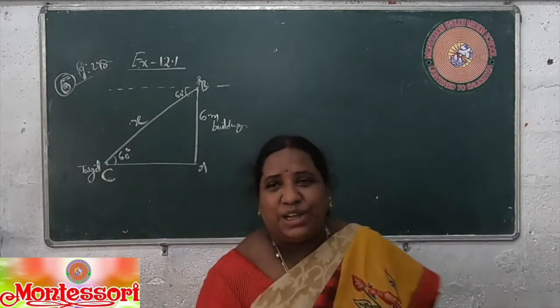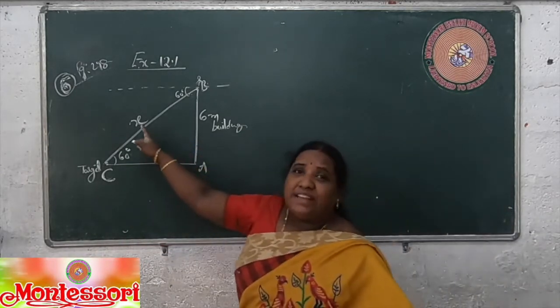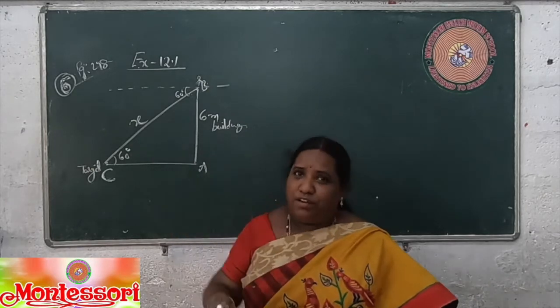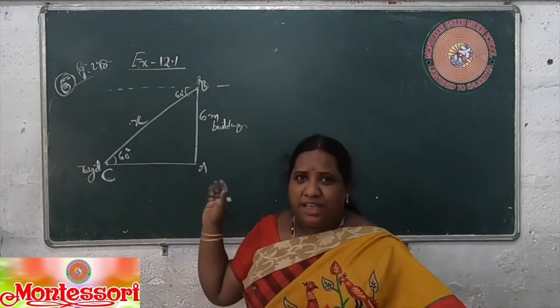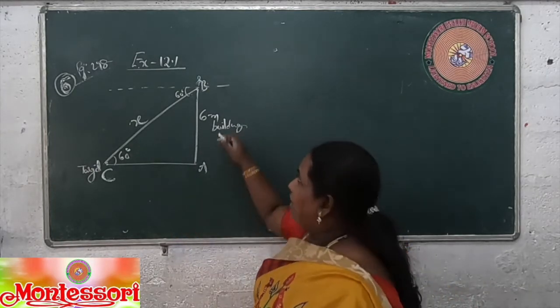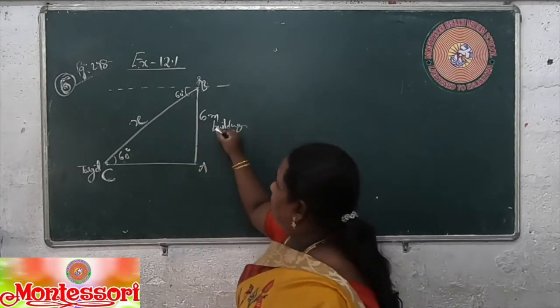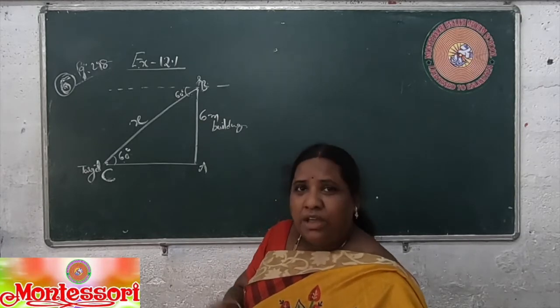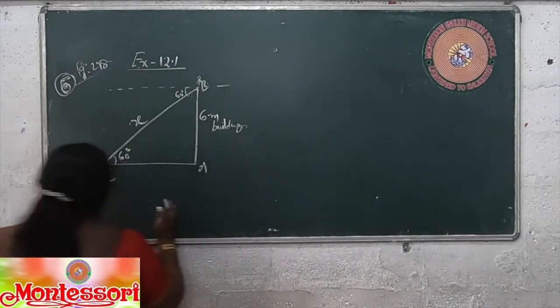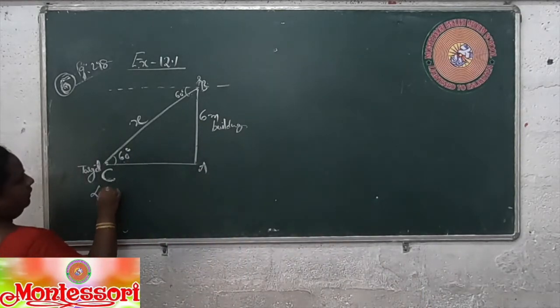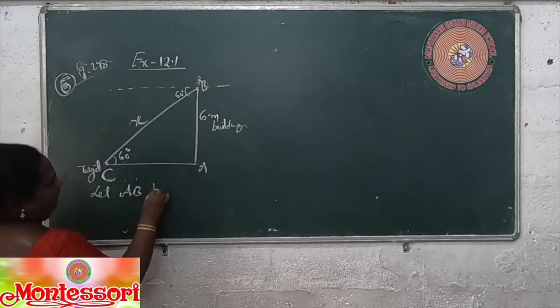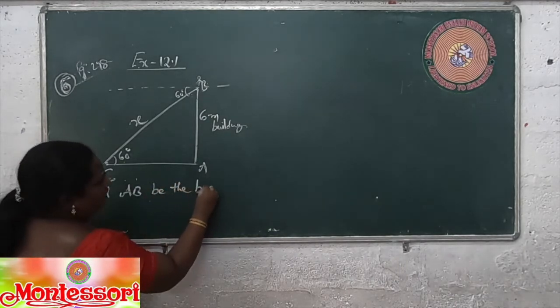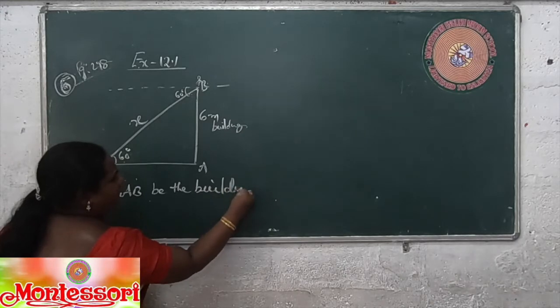See here also, you have to find the hypotenuse. Then you have to go for sine or cos according to the information given. Now we know that to the angle, if you see the opposite side only, opposite by hypotenuse is sine only, no? Now we go for sine. Now the right angle is given. Let AB be the building. If you write steps, you can understand clearly.